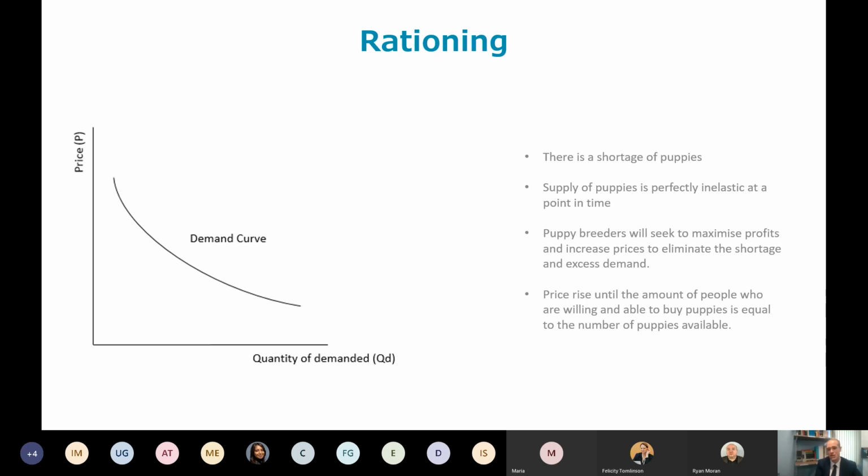There's no magic spell which can help puppy breeders to immediately generate puppies which can then be sold to households who are looking to rehome a dog. So although these breeders of puppies may be willing and able to sell puppies in the future, right now, at this point in time, lockdown 2020, they only have the puppies they currently have.